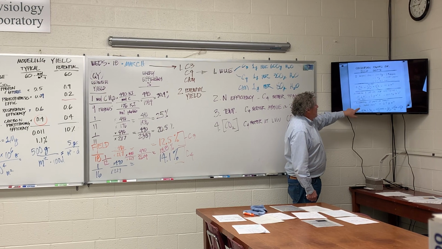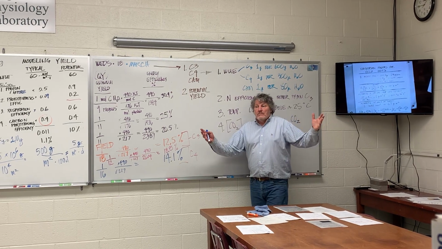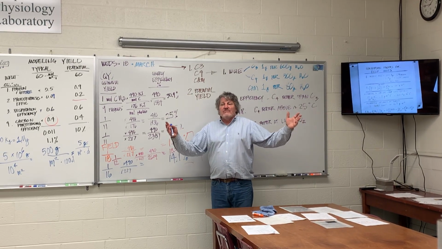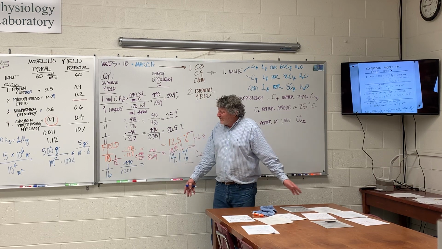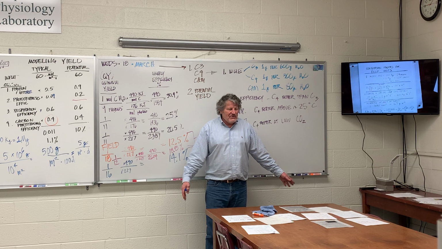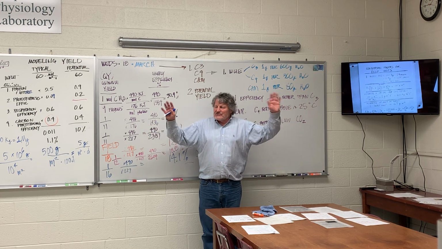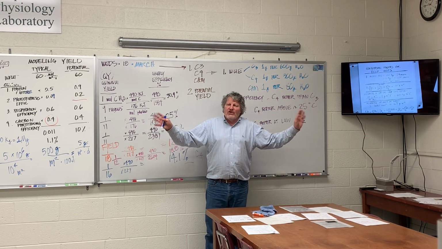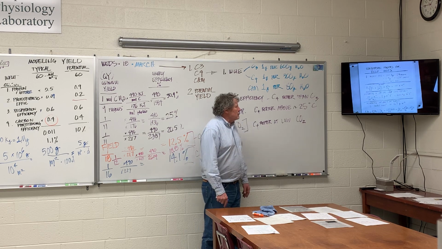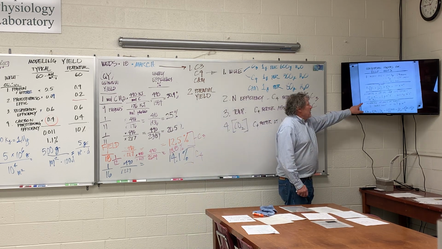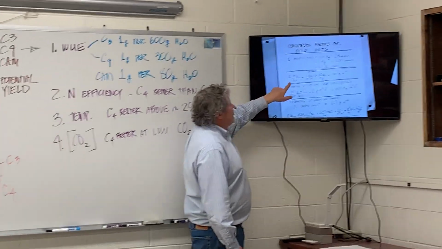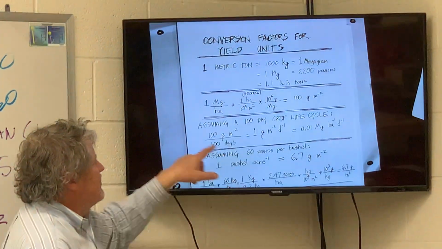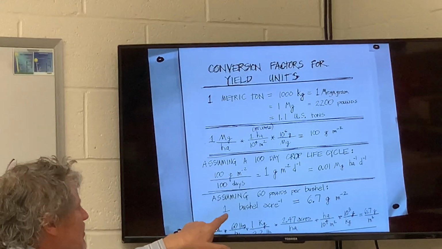And bushels per acre, a bushel is a unit of volume. Whoa! What does volume have to do with this? I guess before the days of electronic balances, people just did volume, and so we still do volume. But here's metric tons, here's megagrams, 100-day life cycle.